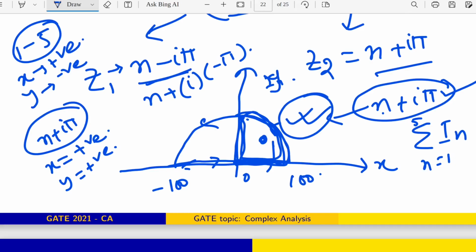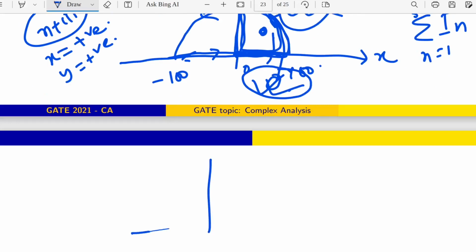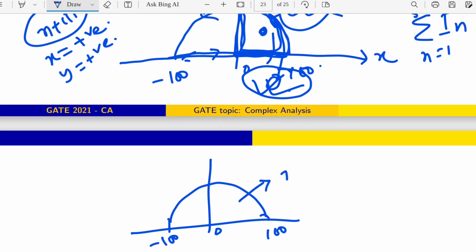This is plus and this is minus, so the point lies in that quadrant. But we are considering only this region, from 0, minus 100 to 100, and in that region the n plus i pi point will be there, and in that other quadrant the n minus i pi point will be there.